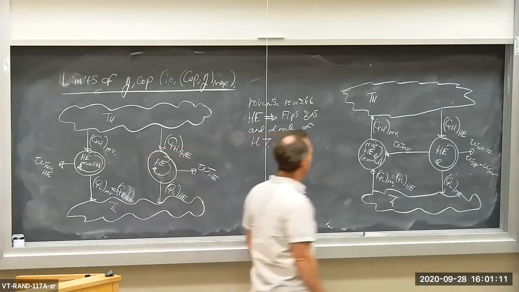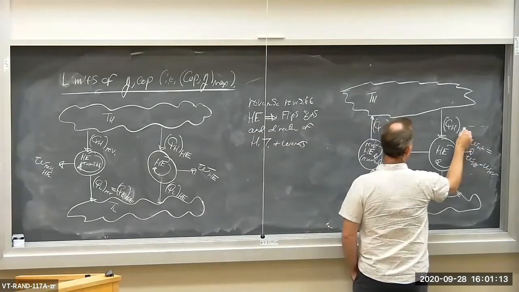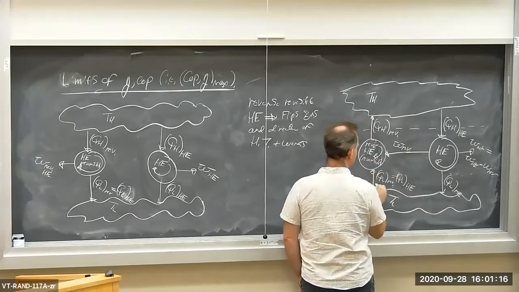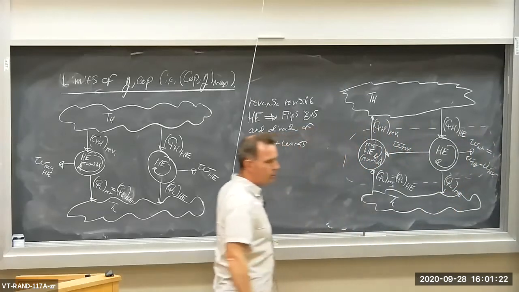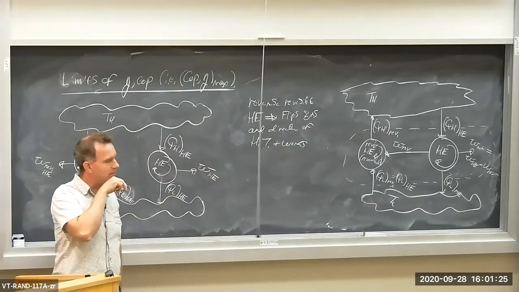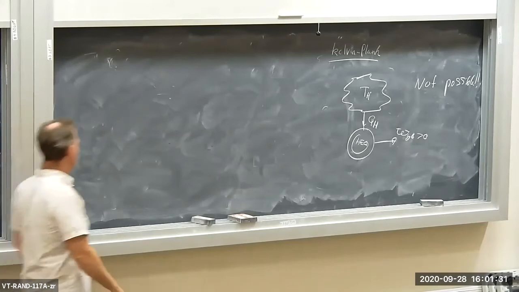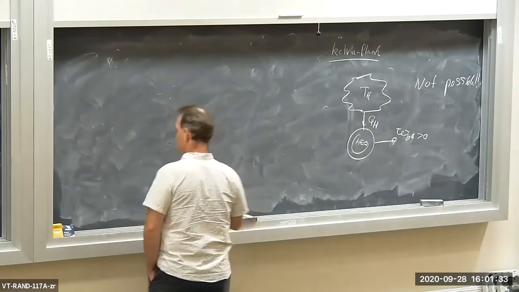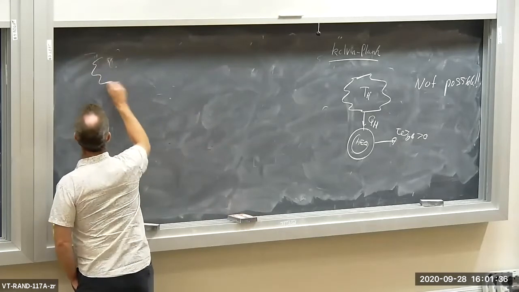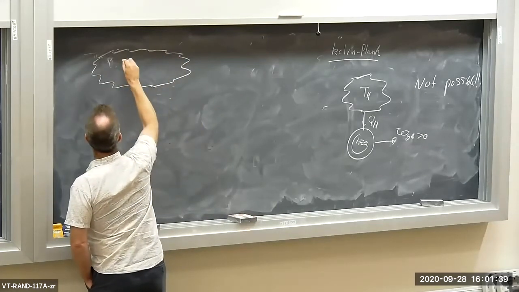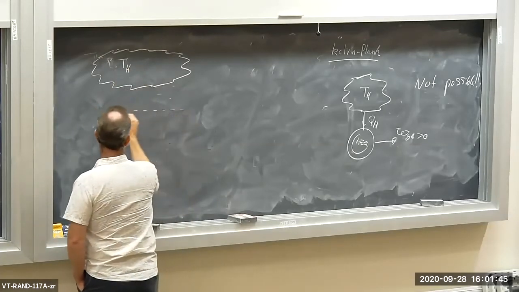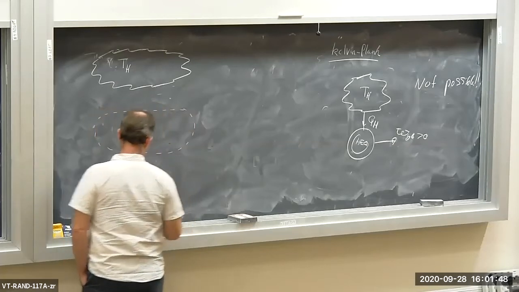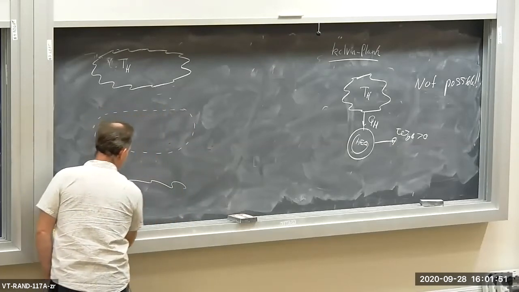Now, let's draw a control volume around this composite device. Let's draw a control volume around the composite device. And let's write what we've got. So here's our composite device. And here is our low temperature reservoir.